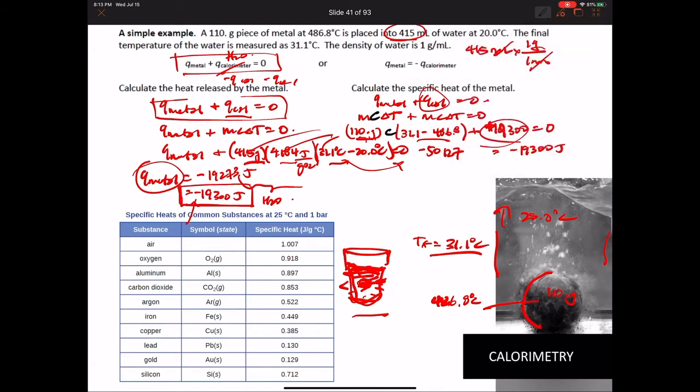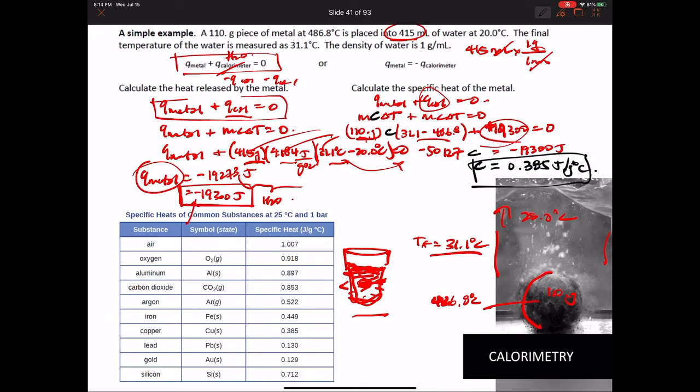We still have C, which we're solving for. So I divide both sides by negative 50,127. And I get C equals 0.385. Specific heat, joules per gram degree C.